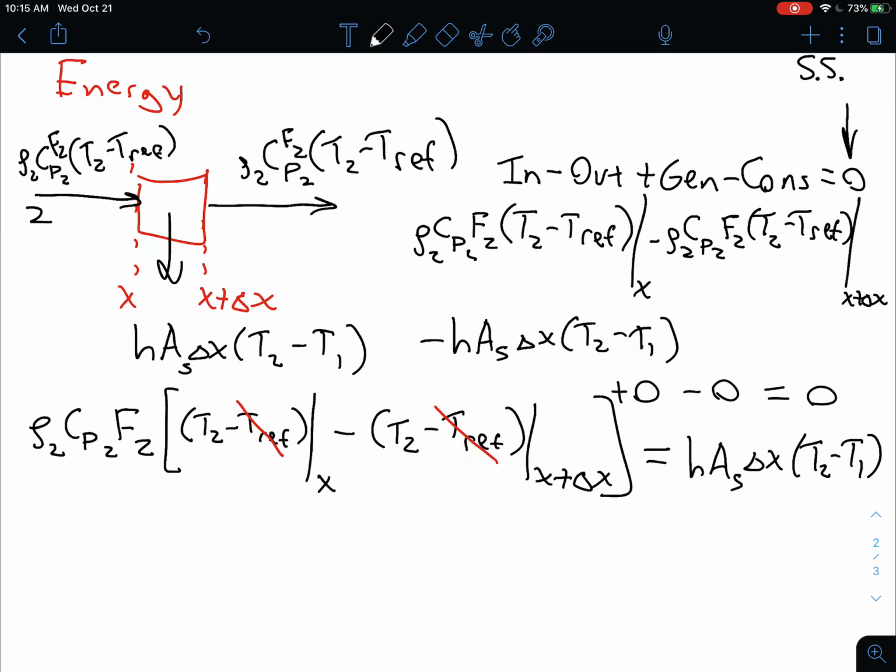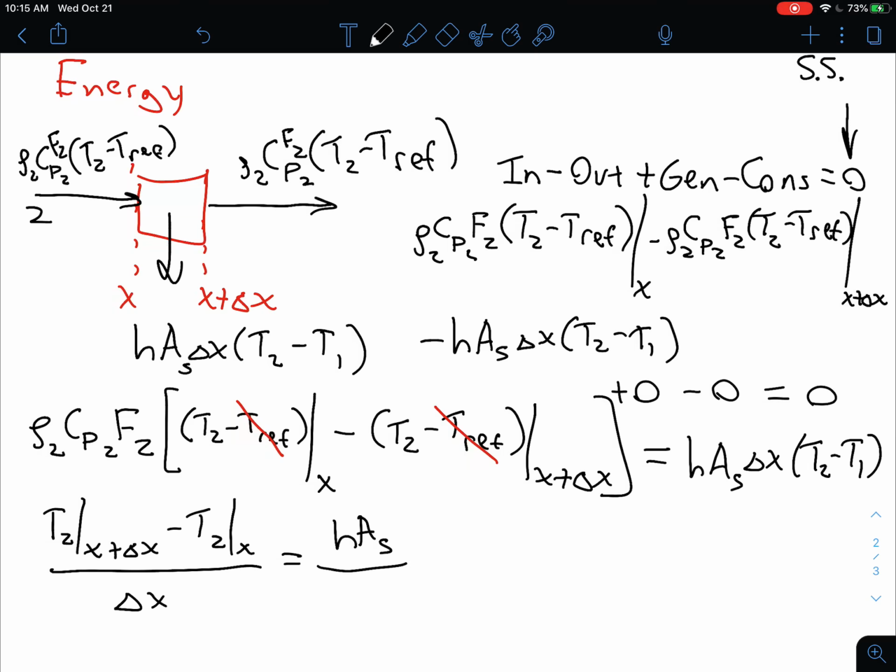And so what we can do is simplify this to T2 at x plus delta x minus T2 at x. I'm going to divide by delta x. And this is going to equal H A sub s over rho 2 Cp2 F2 times T1 minus T2.